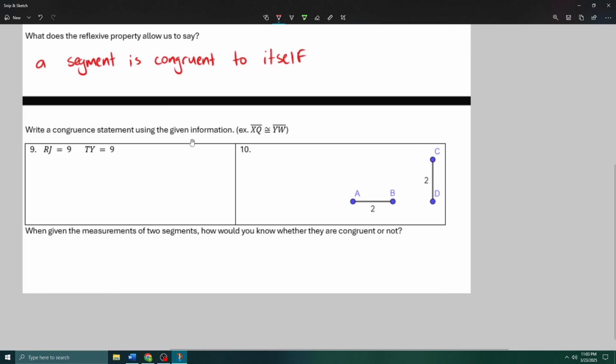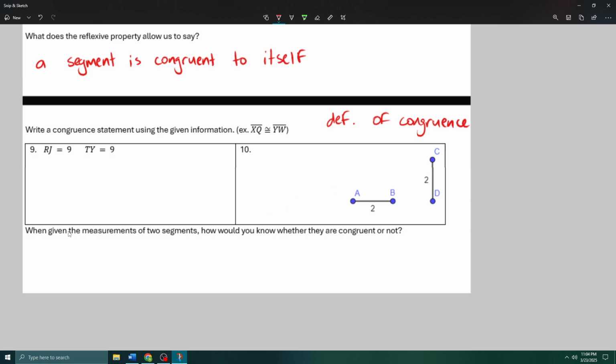So moving on to 9 and 10, it says write a congruent statement using the given information, okay? And I give you a little example. This is not an answer, okay? This is an example. This is what your answer might look like. This is actually what we would call the definition of congruence. Sorry, I don't know why I didn't put that on here. This is the definition of congruence, okay?